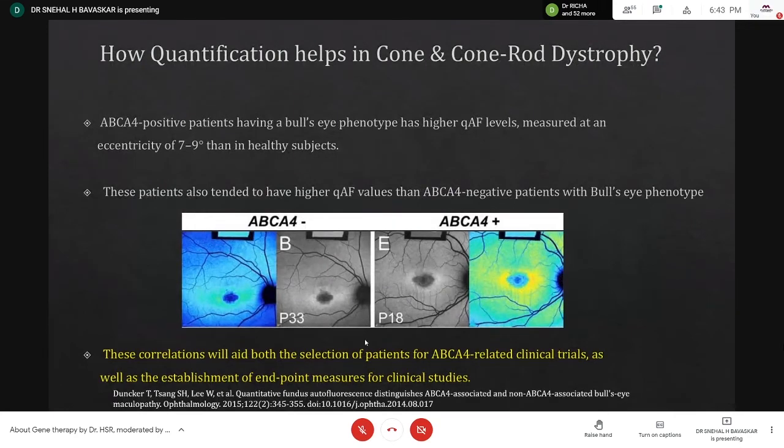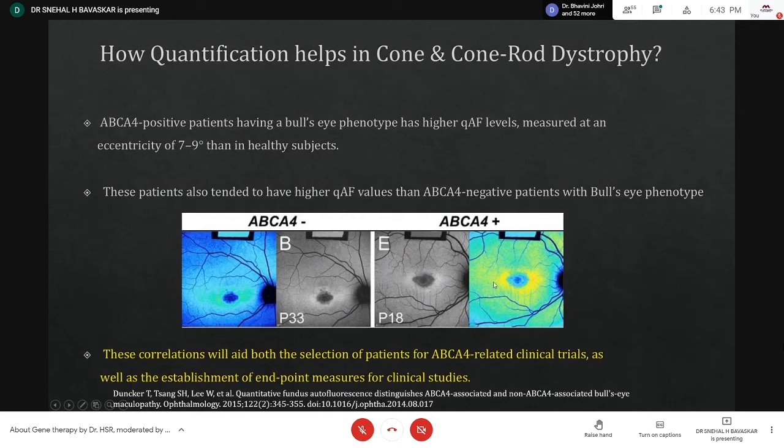Now I would like to show this image consisting of 2 different patients with a bullseye maculopathy type appearance on autofluorescence. With the normal autofluorescence, if you compare these images, you can't really say whether there is an increase in the background autofluorescence or not.